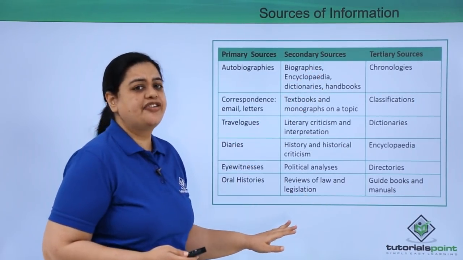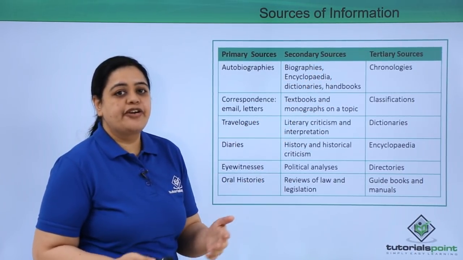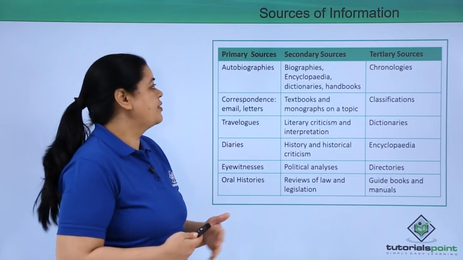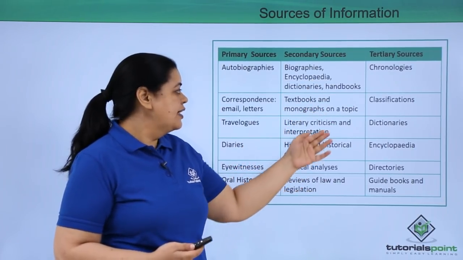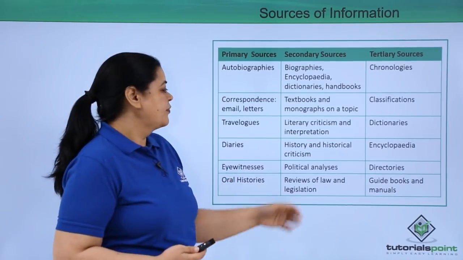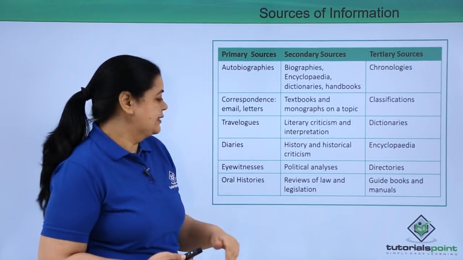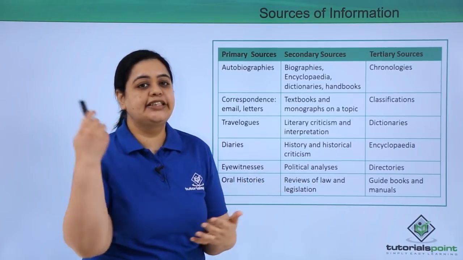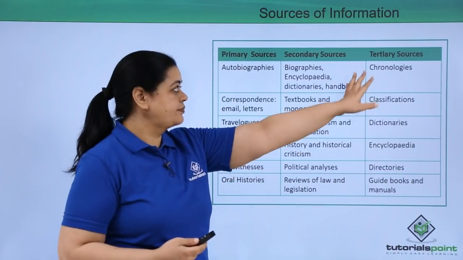When it comes to secondary information, biographies. So someone's biography can become a secondary source of information. Encyclopedias, handbooks, textbooks, literary criticism, history and historical criticism, political analysis, reviews of laws and legislation, they all become secondary sources of information.